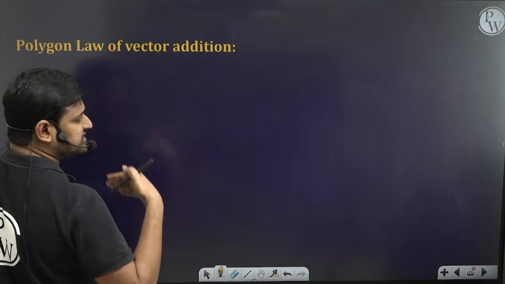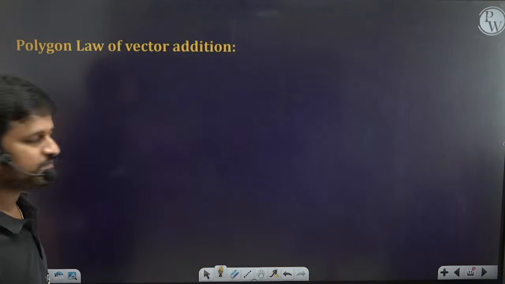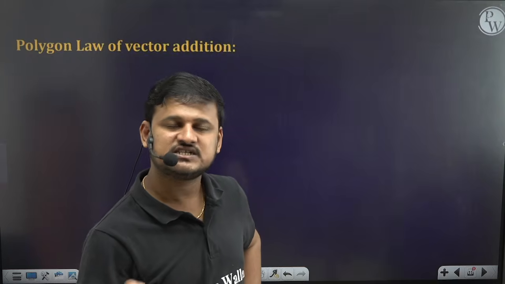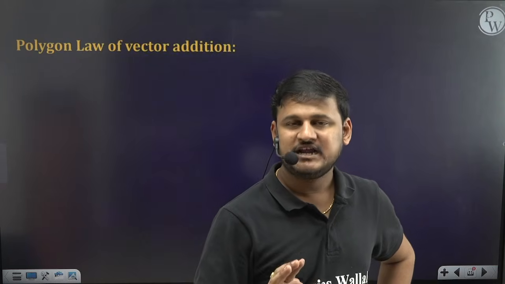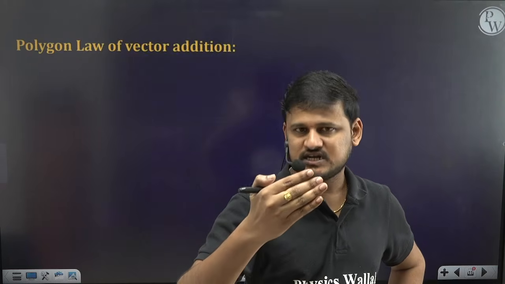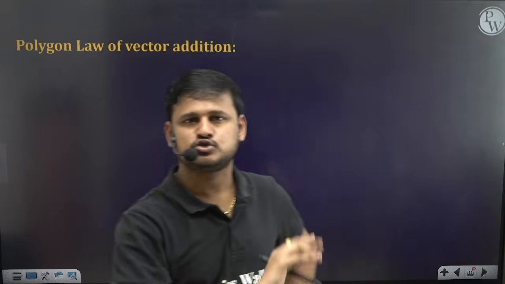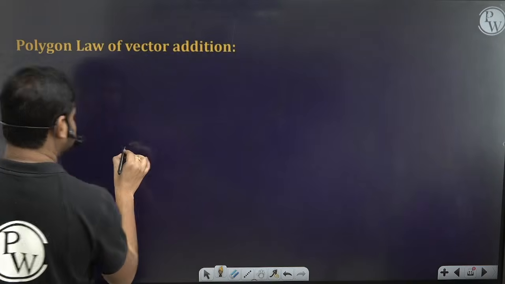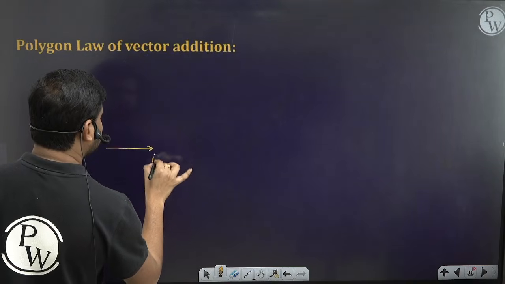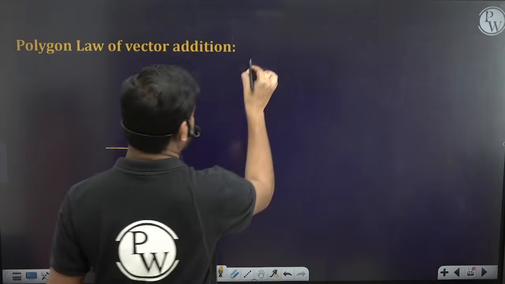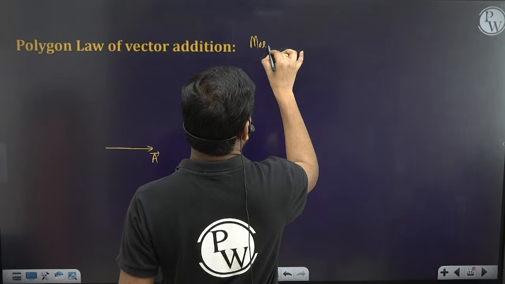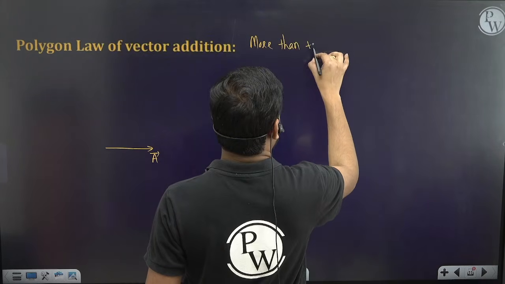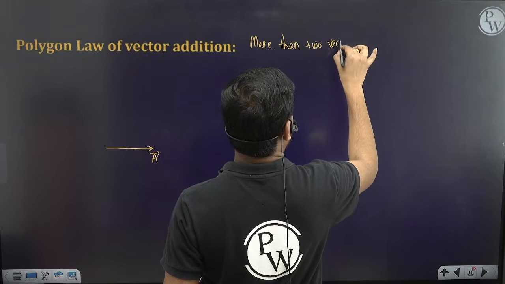It's an extended version of the triangle law, that's it. What does the triangle law say? When two vectors are taken in the same direction, the resultant is obtained by connecting the tail of the first one to the head of the second one. Here also it is the same thing. When do we apply this one? When more than two vectors are to be added.